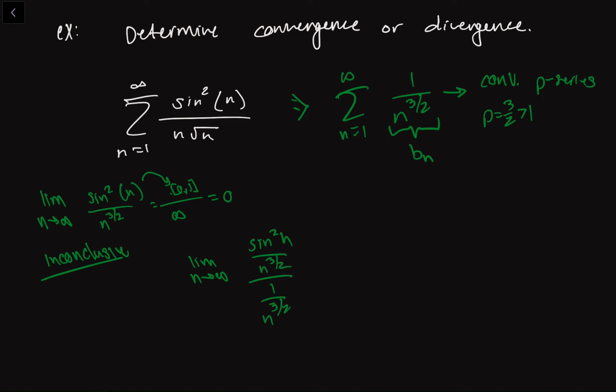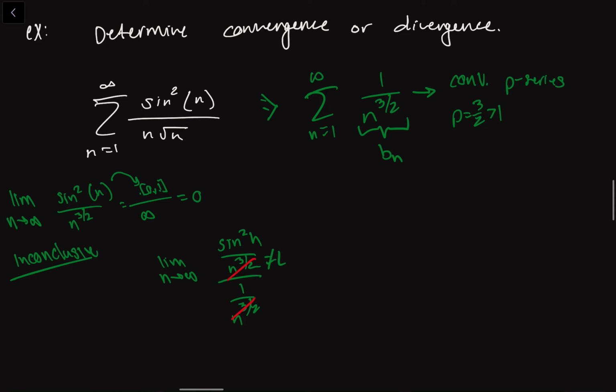Well, the n to the 3 halves cancel, so we're just left with sine squared n. That is not a finite number, right? It keeps changing between 0 and 1. It keeps increasing to 1 and then decreasing back to 0. So it does not equal a finite non-zero number. So the limit comparison test is inconclusive as well.